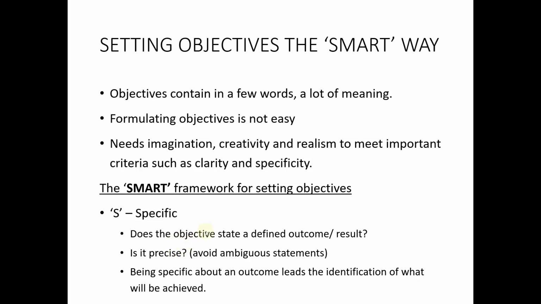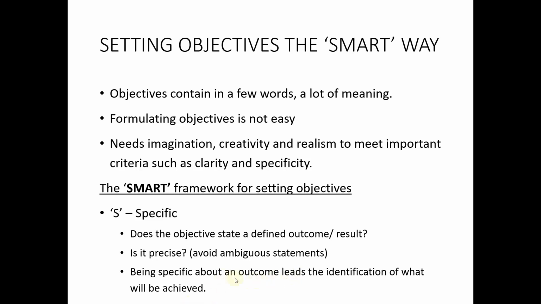Does the objective state a defined outcome or a result? For example, if you are saying portable drilling machine, it has a lot of embedded meaning in it. So it is not clearly telling you what actually the product should be. So does the objective have a defined outcome? So when we are proceeding with the objective, whether we are able to achieve the final outcome or result as specified.